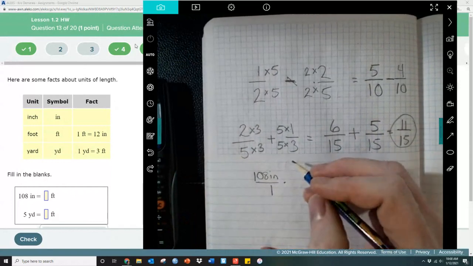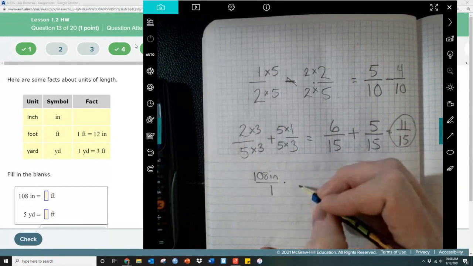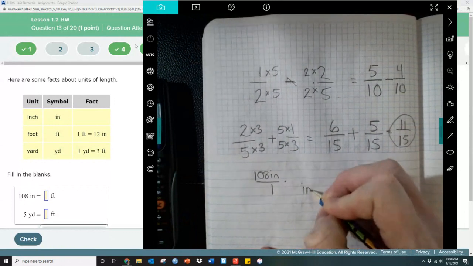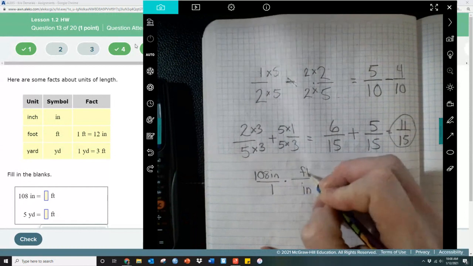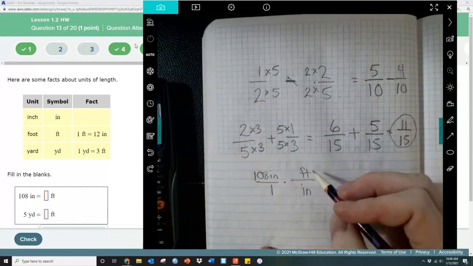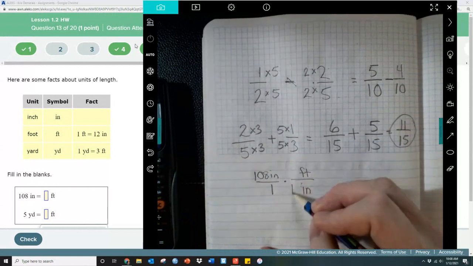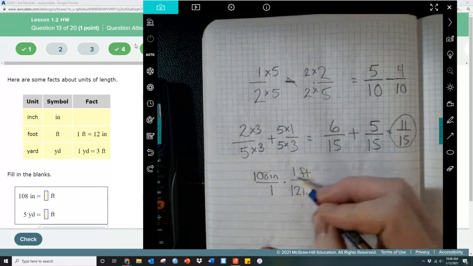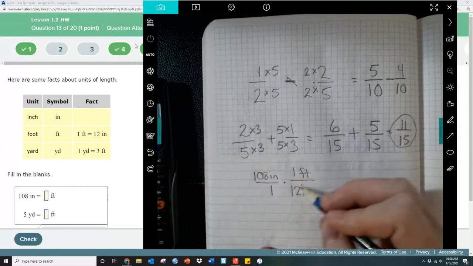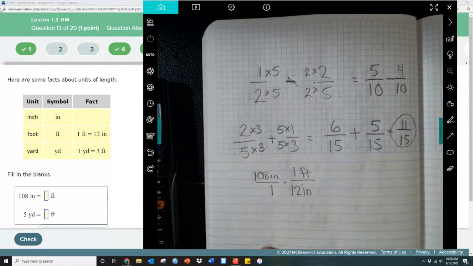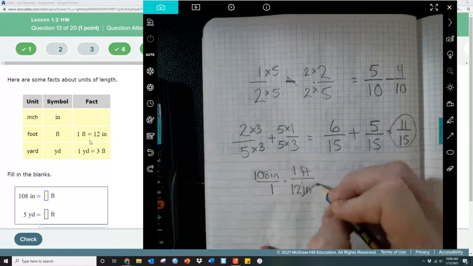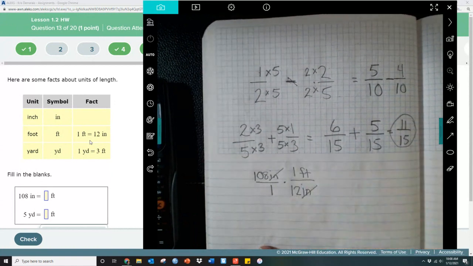If I'm converting from inches to feet, I need the inches to be diagonal from the feet. All right. And the fact that I know that 12 inches equals 1 foot is the fact that goes along with that. And that's indicated by this right here.